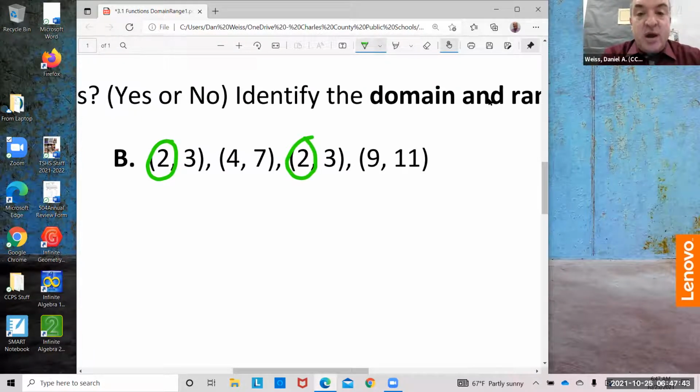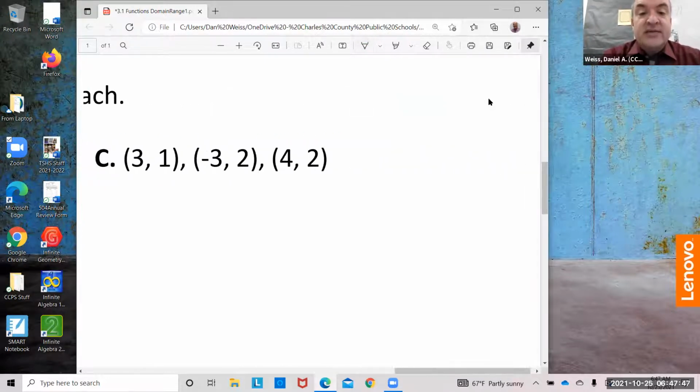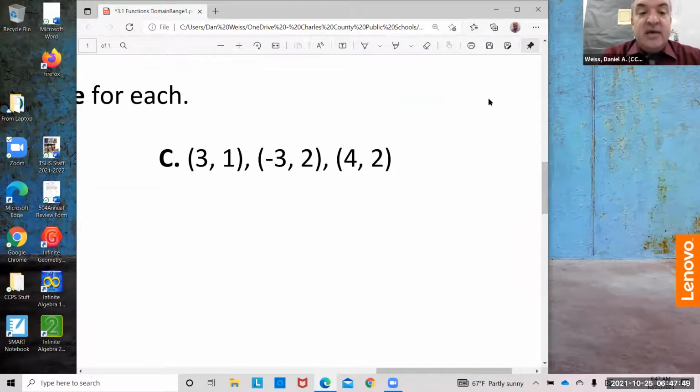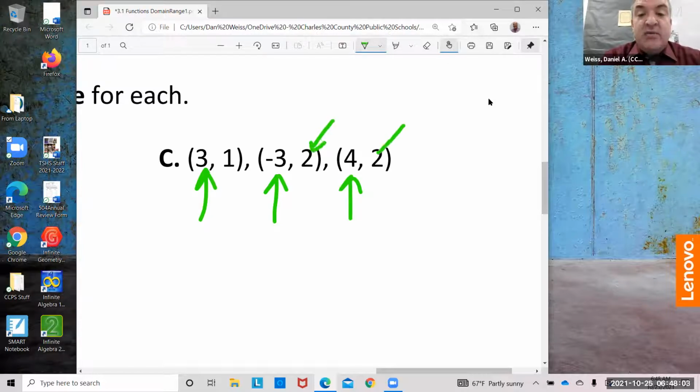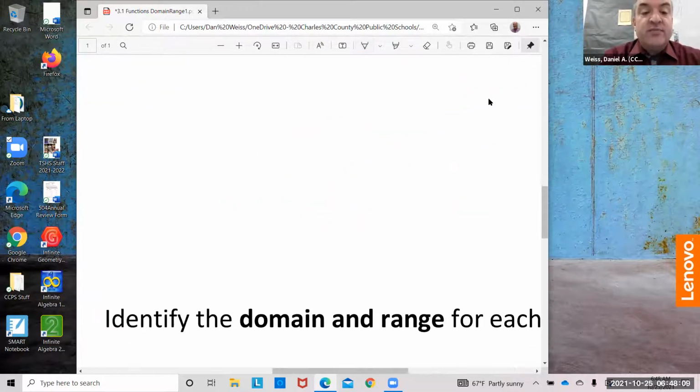The answer is no. Is this a function? Yes. You have +3, but you also have -3 and +4. That's a function. It's okay. Once again, the y value repeats. That's okay. As long as the x value does not repeat, it can be a function.